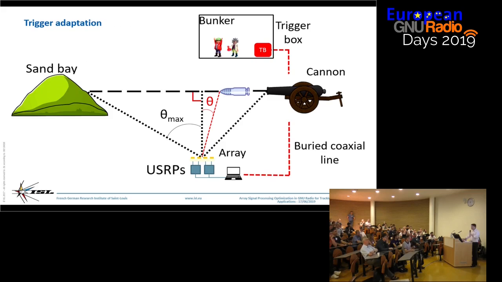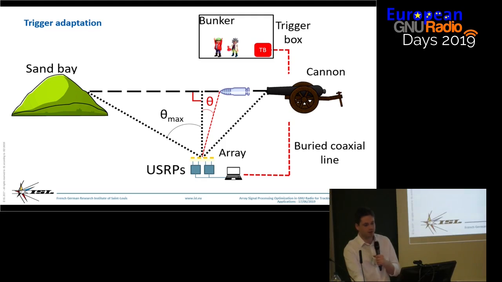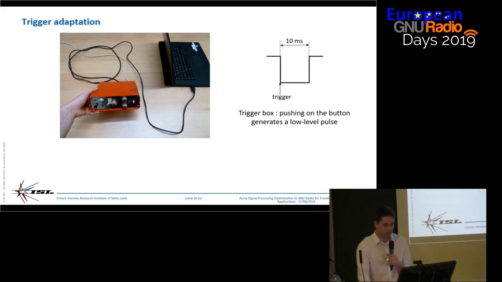And finally, I'll quickly tell you a bit about what I called a remote trigger. As you can see here, we were not physically present in front of our laptop during measurement, so that's another constraint from our application. To perform that remote trigger, we use this simple orange box you can see here to send a low-level pulse of around 10 milliseconds on our coaxial line, received on the USB port.